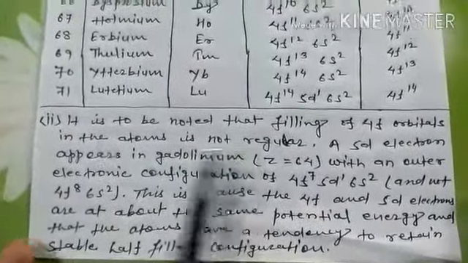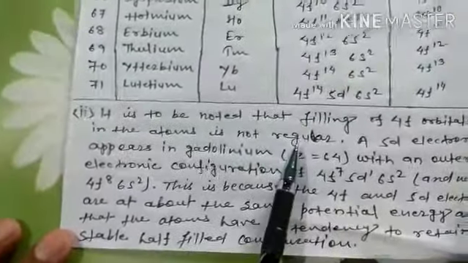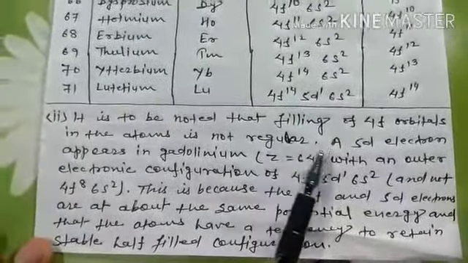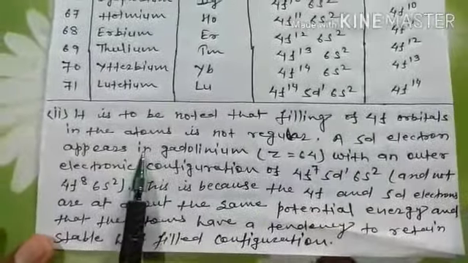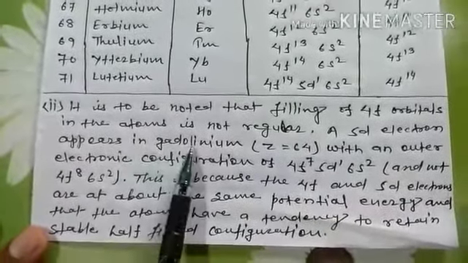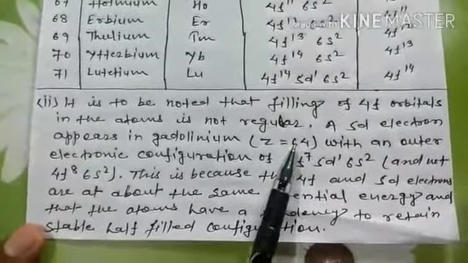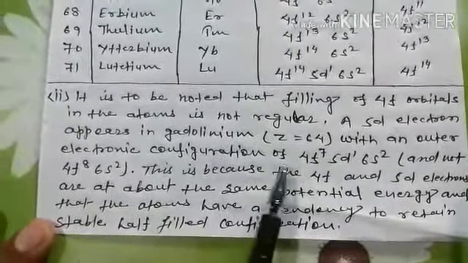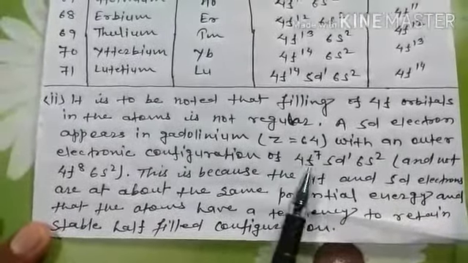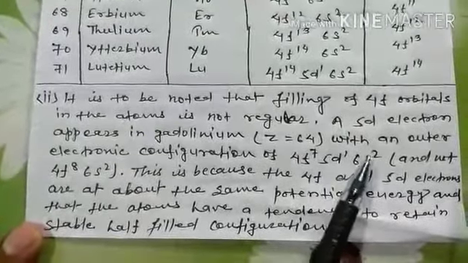A 5d electron appears in gadolinium, whose atomic number is 64, with an outer electronic configuration of 4f7, 5d1 and 6s2.